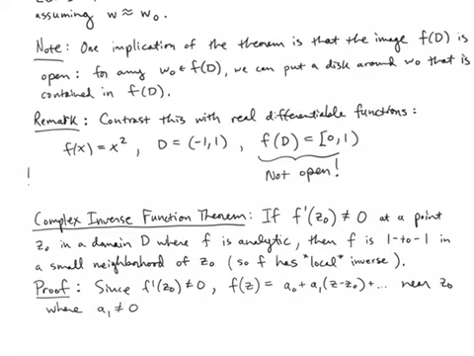And so a1 not equal to 0 is equivalent to f prime at z0 not equal to 0. So what this implies is that f of z minus a0, where a0 is just f of z0, has a 0 of order 1.